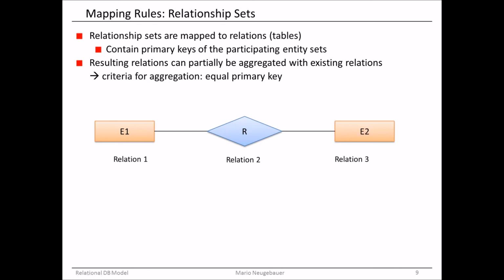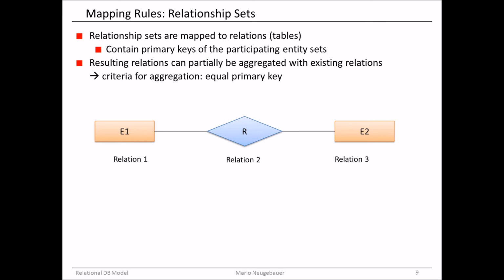And that's now the point where integrity comes into play, because we need to use the primary key of one relation in a foreign key of another relation. So we connect the different entity sets by using the primary key of the other in the foreign key of the first one.